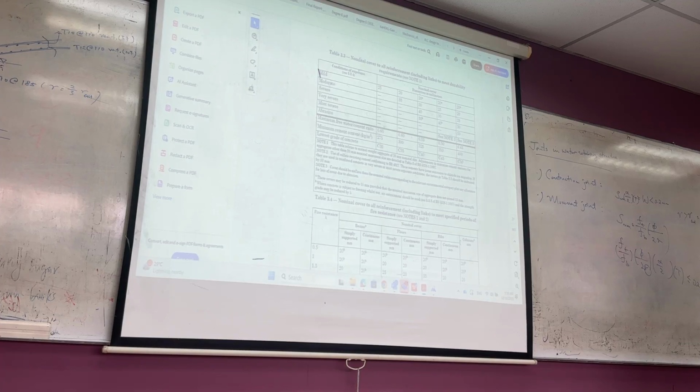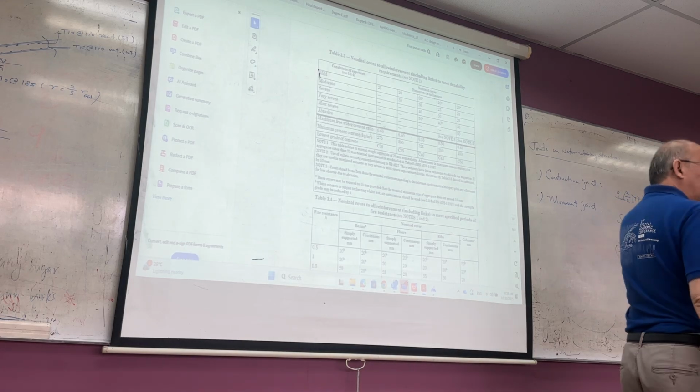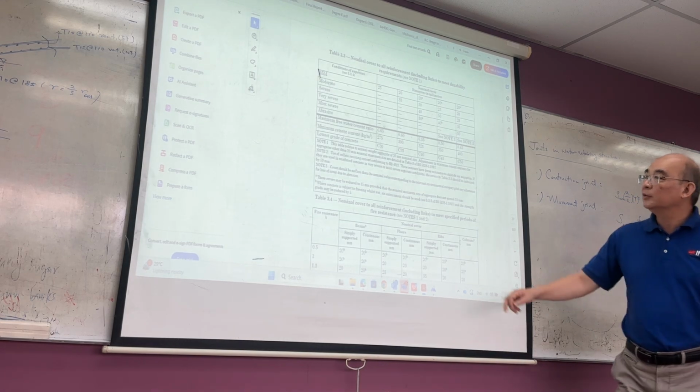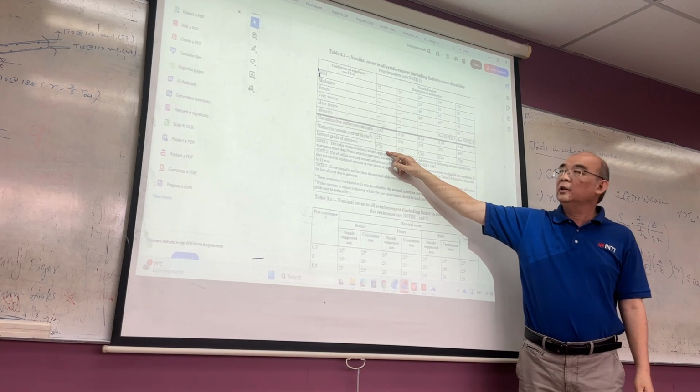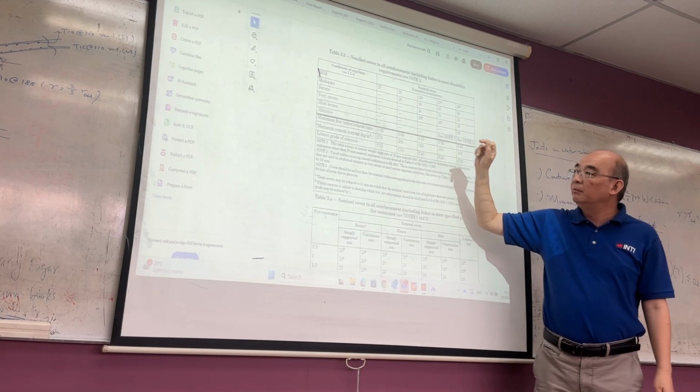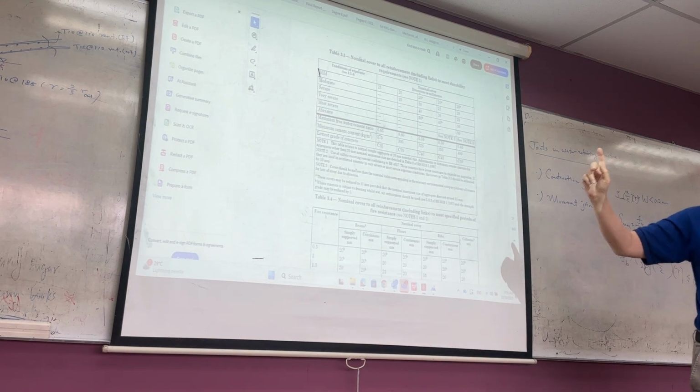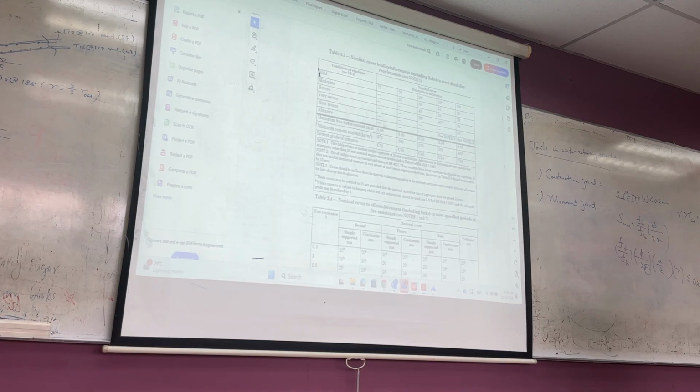BS 8110, Table 3.3. Means you guys are still not very familiar with it. That means if you want to use C30 concrete, the code says that you have to have a minimum cement content of 275.